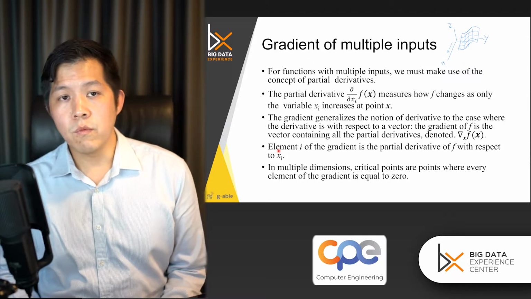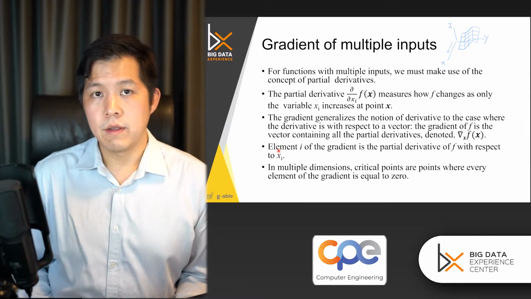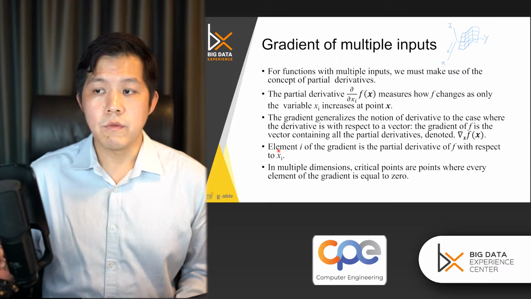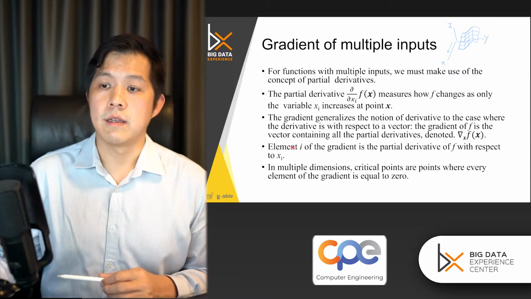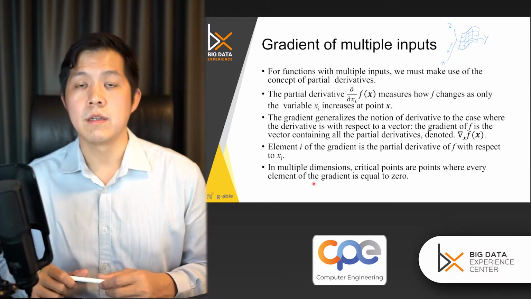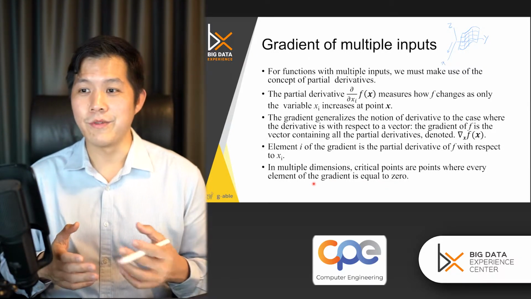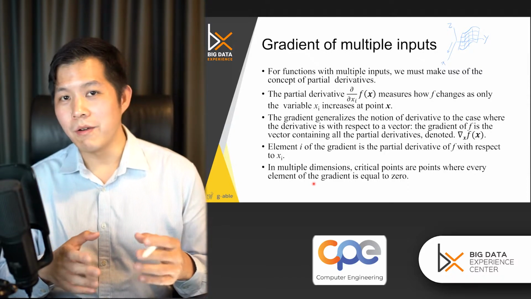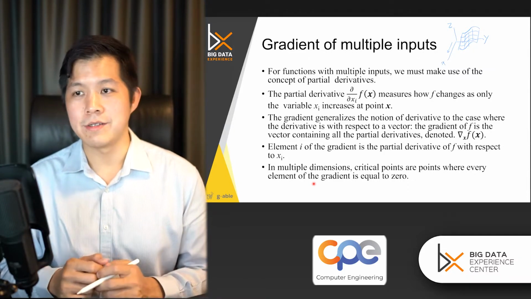So when we have multiple inputs, one of the critical things is that we need to find the point where the gradient equals 0 for each input. How does it work, right?